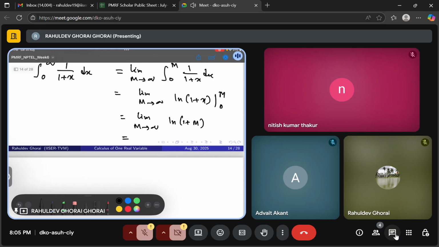And you know, ln of 1 plus m as m tends to infinity converges to infinity, because a log function looks like this, and whether it is log of 1 plus x or x does not matter, it will go to infinity as you approach infinity. So it diverges. The integral diverges.